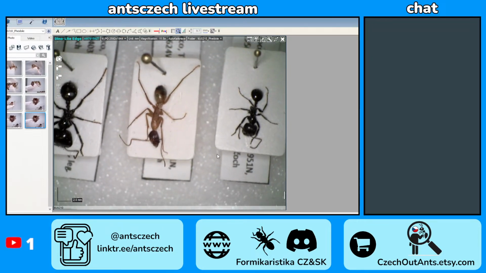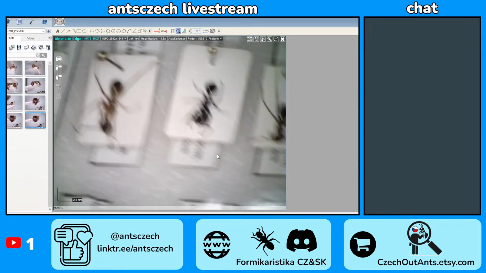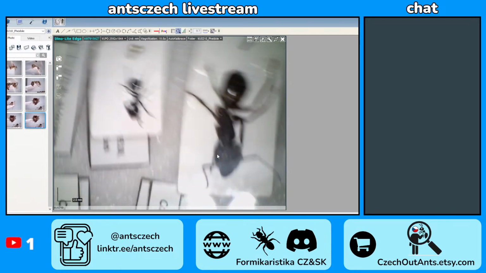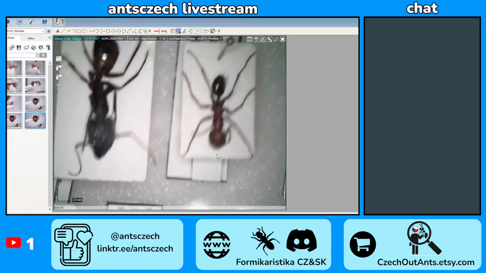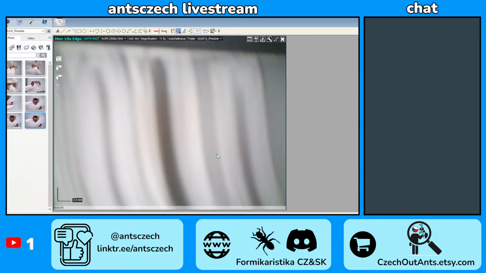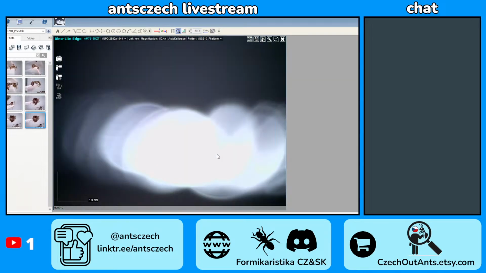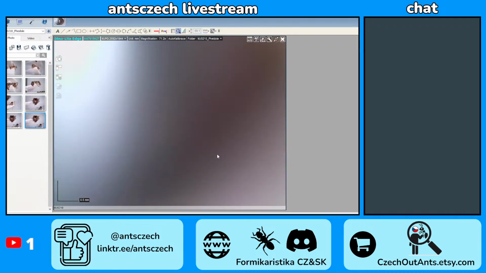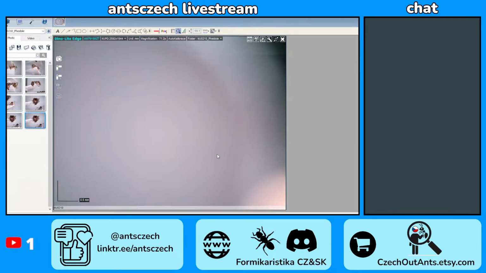This looks like Pheidole or something. I'm not even sure what species are in Morocco, but Morocco is close to Spain, so there will be some similar species. I mean, it's still Africa, so they have their own cool species.